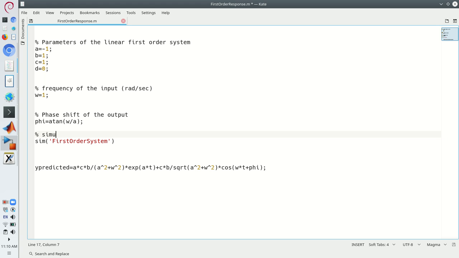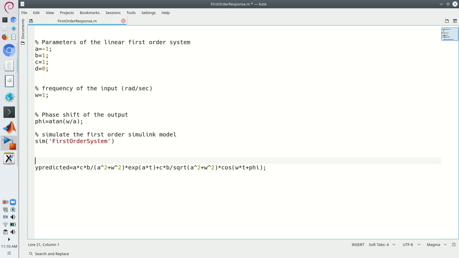So this simulates the first order Simulink model.